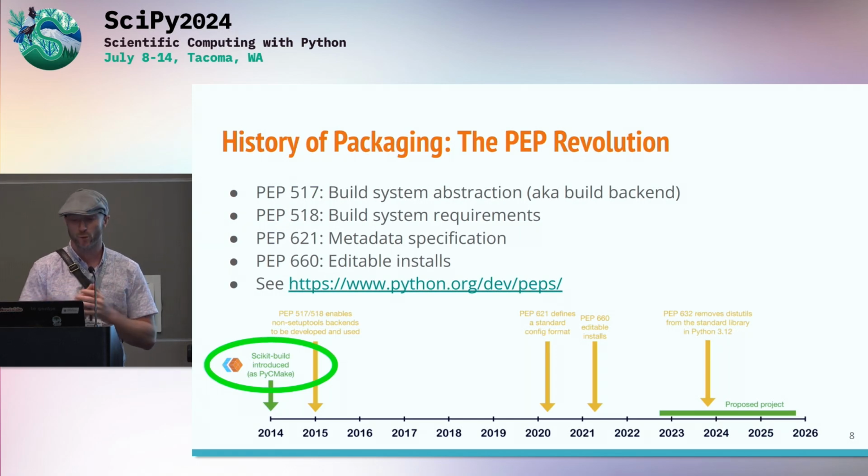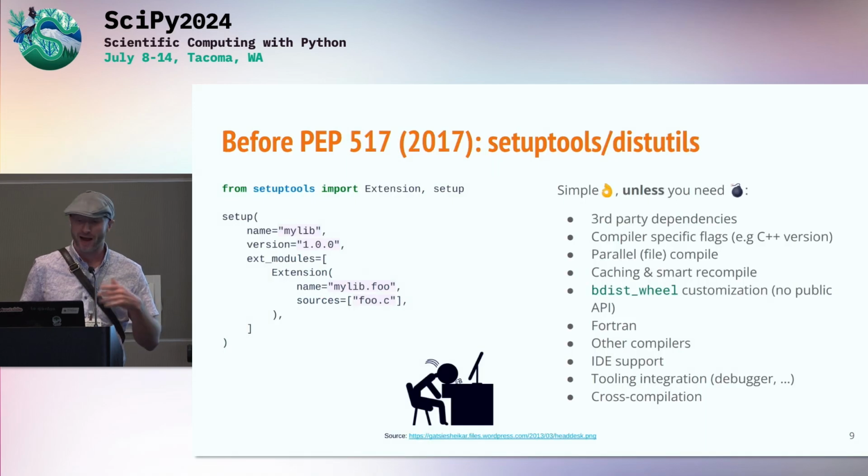We needed to take advantage of that, and that's why later on we introduced scikit-build-core, because with scikit-build classic we were hacking around and not taking advantage of these PEPs.